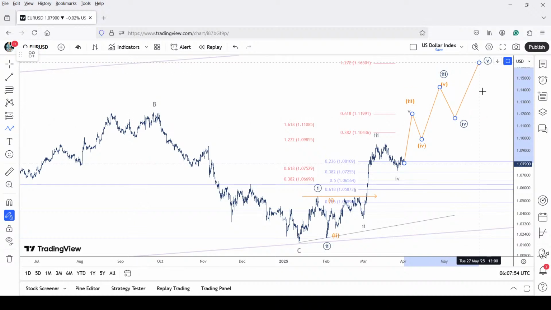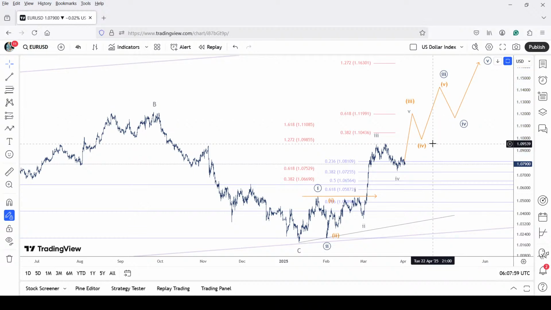Ideally, I'm not doing the sub waves. We might have to change the path according to the sub waves forming, because time is also a factor we need to consider. But all in all, the trajectory for euro is on the north side.